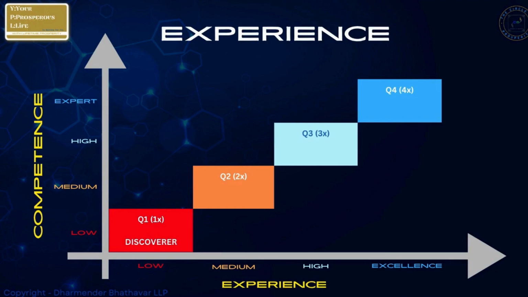The first one is, since the competency level is low and the experience is also low, we can consider them as discoverers, because here both variables are low, they are in the initial stages of their experience, and hence they are trying to discover each and every situation or skill.